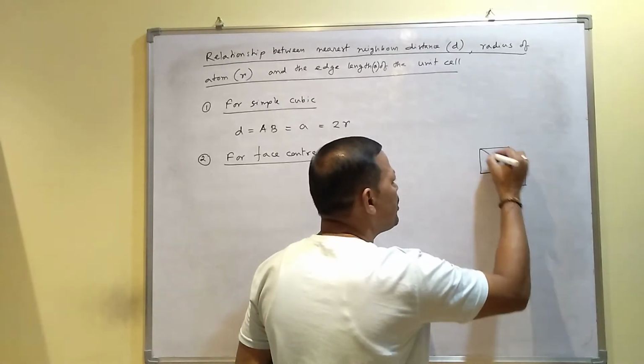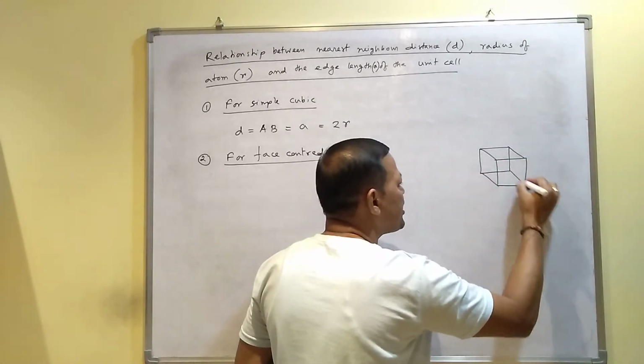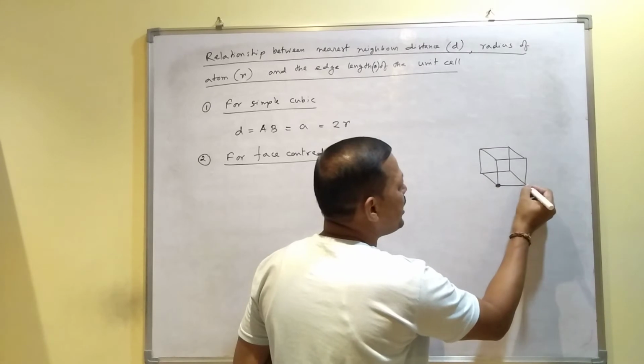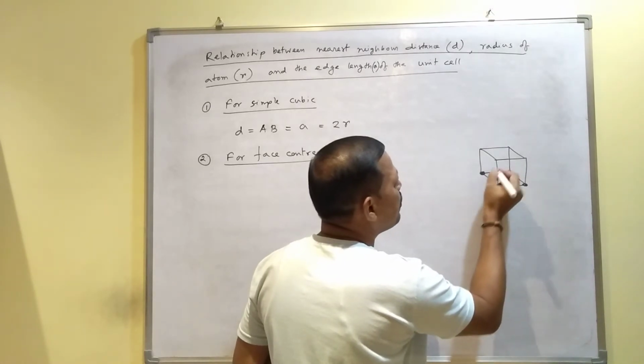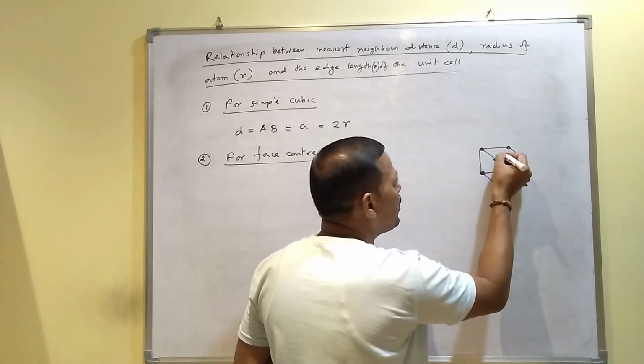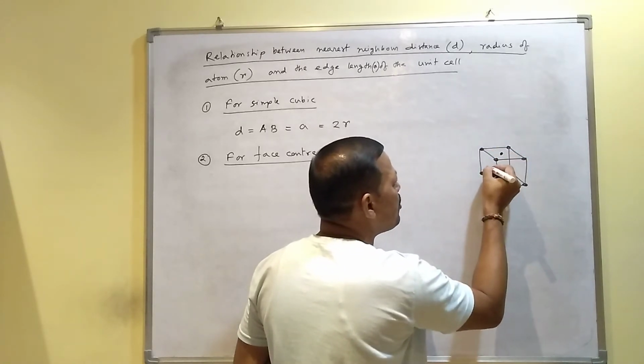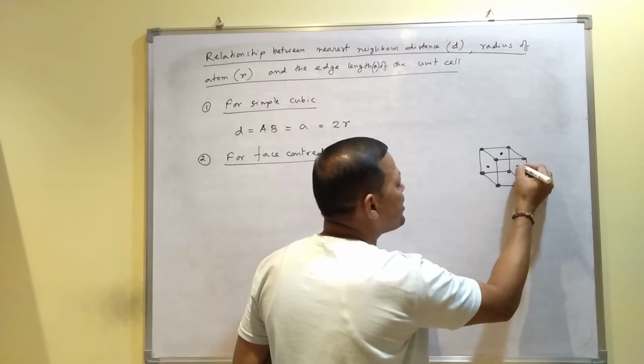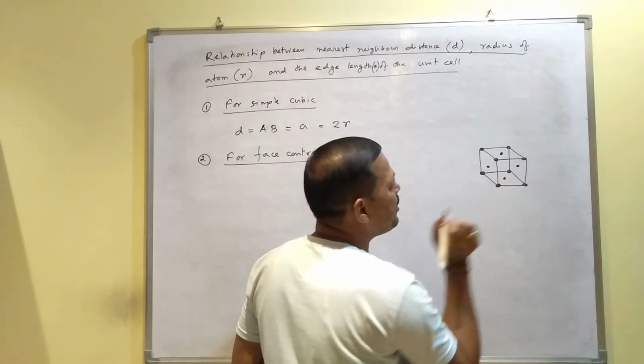This is one of the unit cell. If it is face centered, the particles are present at the corners like this, and the center of faces contain one particle. All the faces contain one particle at the center.